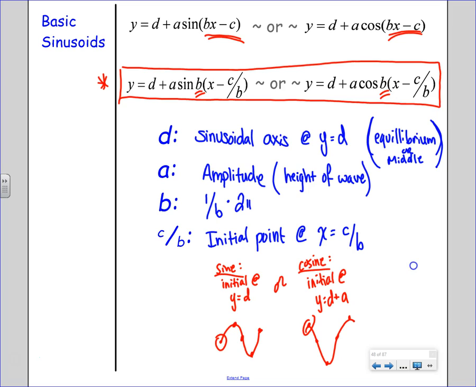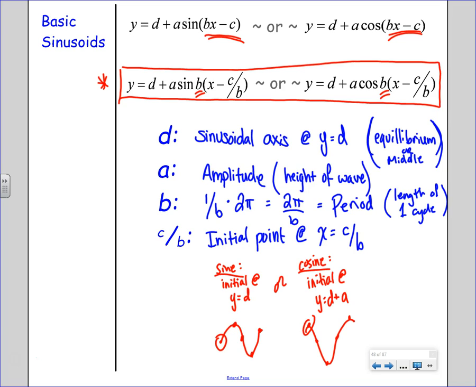The normal period of sine and cosine is 2 pi. Another way of looking at it is 2 pi over B. And that's how we're going to find the period, which is the length of one cycle. How long it takes to get one cycle.